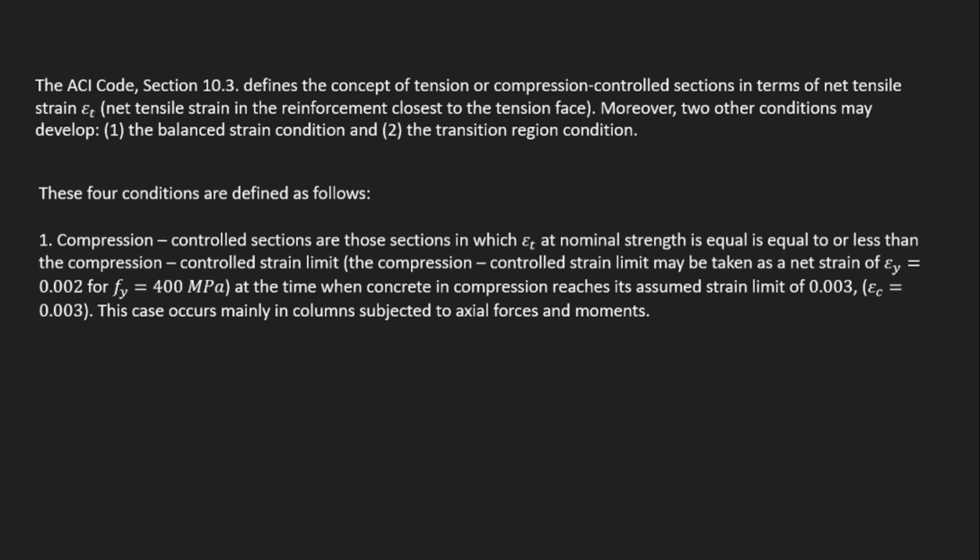Kasi yung 200,000 megapascal, that is the modulus of elasticity. So para nga makuha natin yung yield strain, so fy divided by Es, or yung modulus of elasticity nga, so that is 0.002. At the time when concrete in compression reaches its assumed strain limit of 0.003, so before maabot nga yung 0.002 for steel, tapos naabot naman yung 0.003 for concrete, automatic that is compression control.